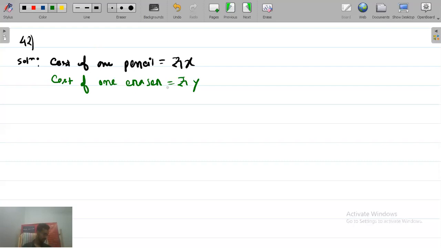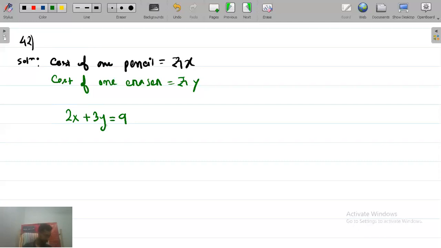She purchased two pencils and 3 erasers for 9 rupees. So if you represent it algebraically, the equation will be 2x plus 3y equal to 9. This will be the first equation.